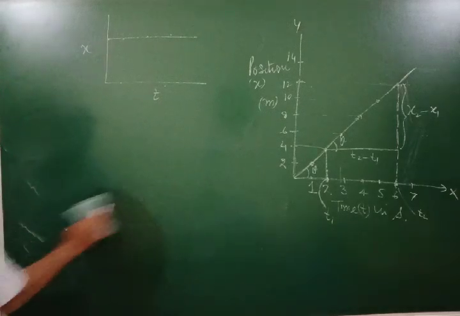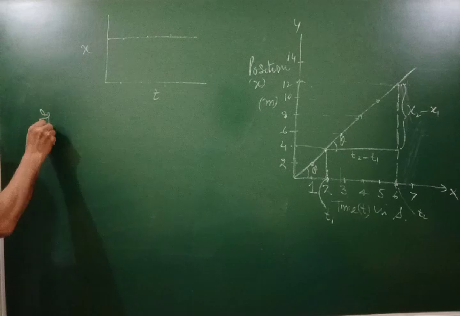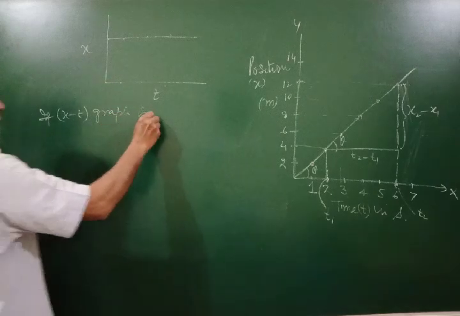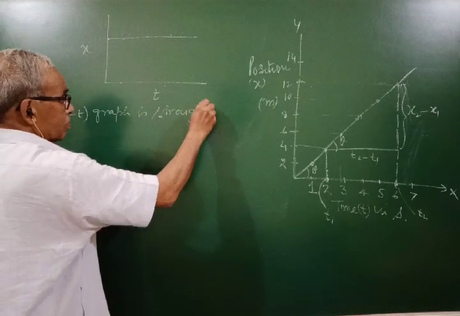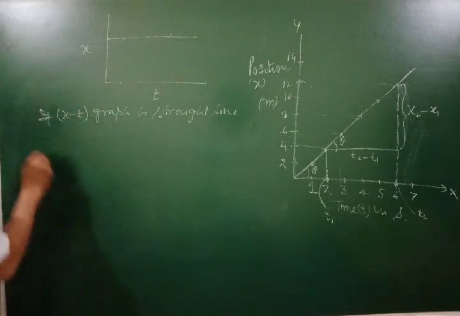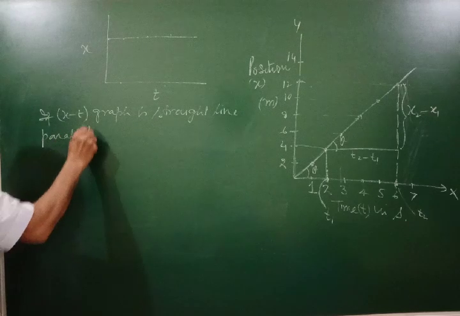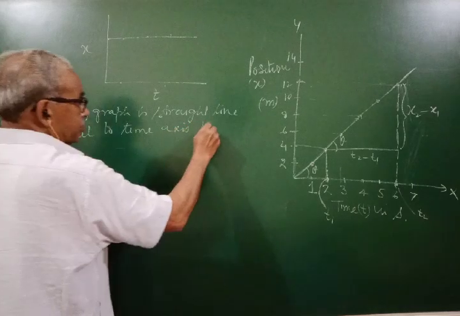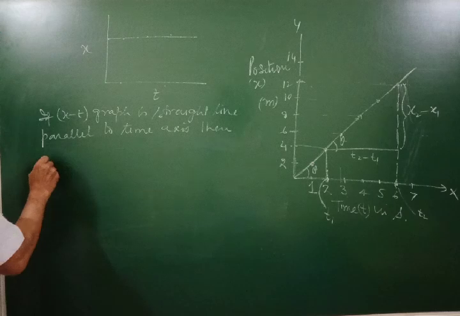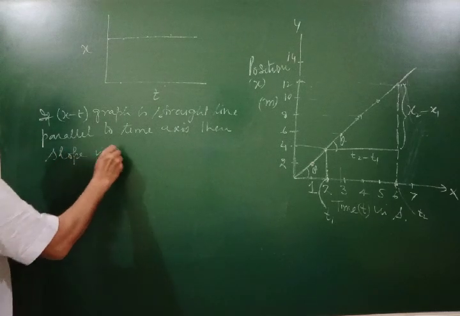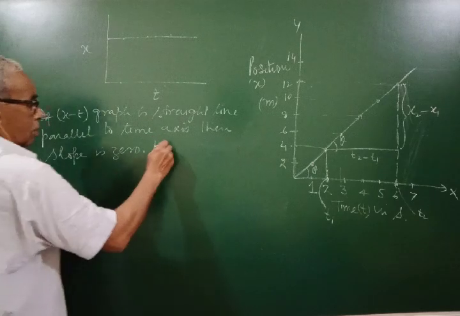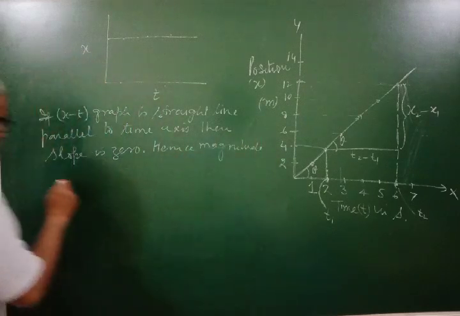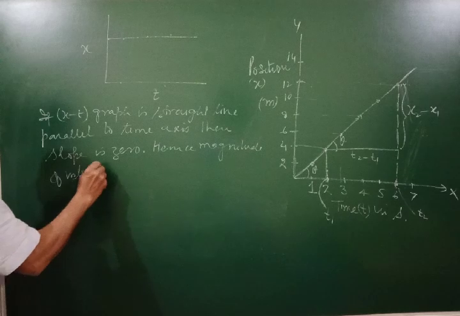So here you can say if the x-t graph is a straight line parallel to the time axis, then the slope is zero, hence the magnitude of velocity is zero.